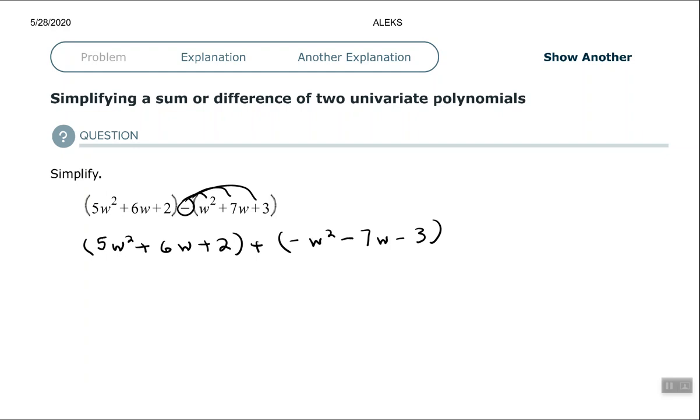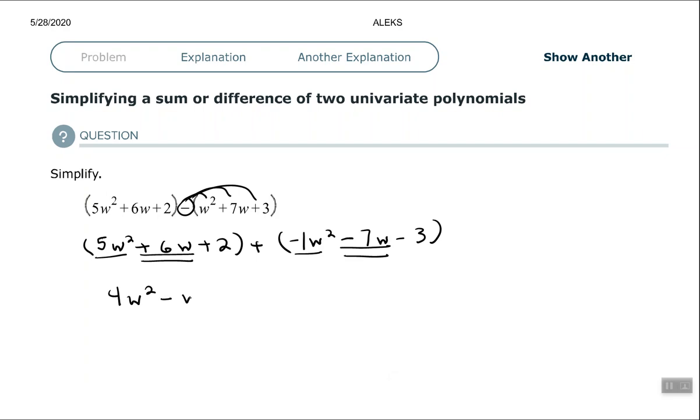Or you can line them up vertically. That's up to you. So I have 5w squared that I'm going to combine with the negative 1w squared, which gives me 4w squared. I have positive 6w minus 7w. 6 minus 7 would put me in the negatives.